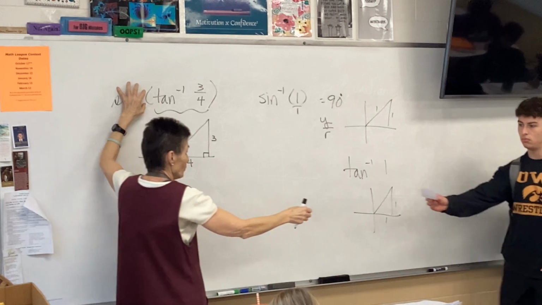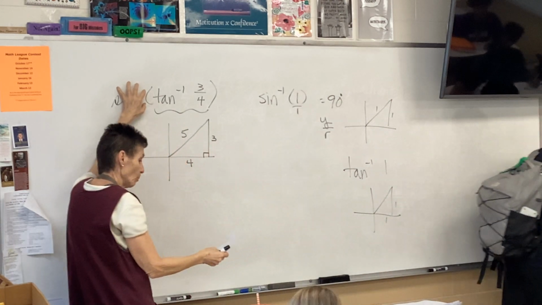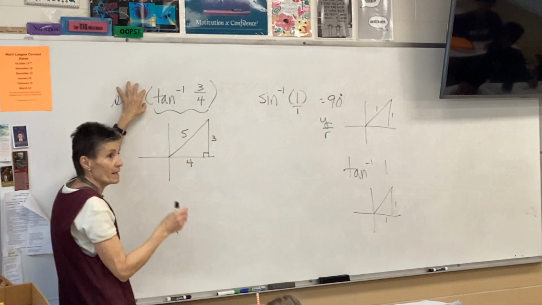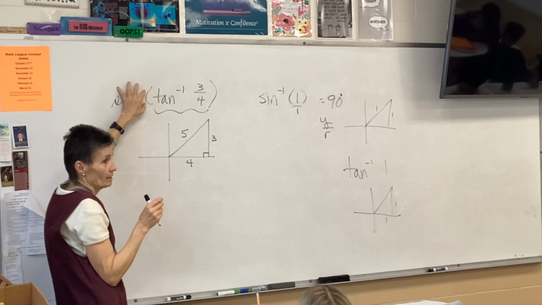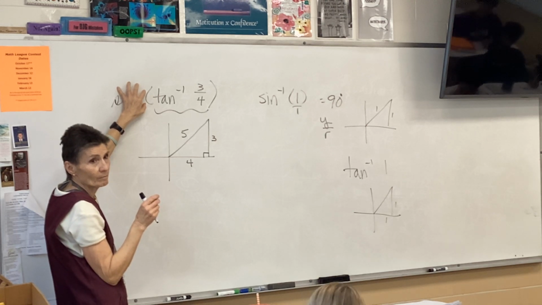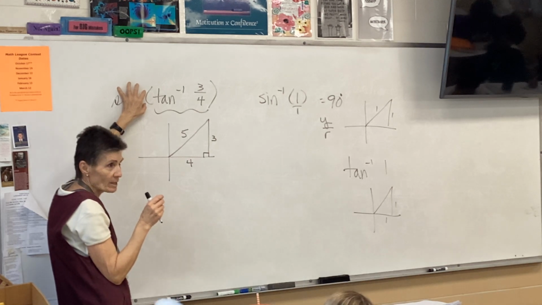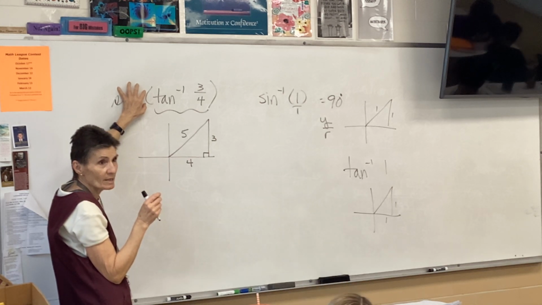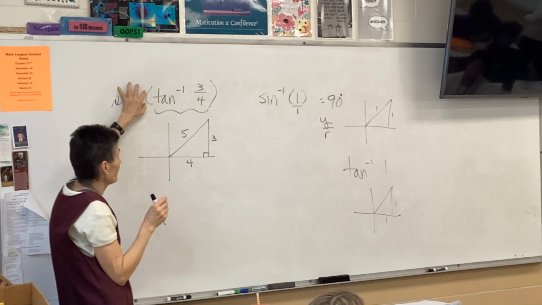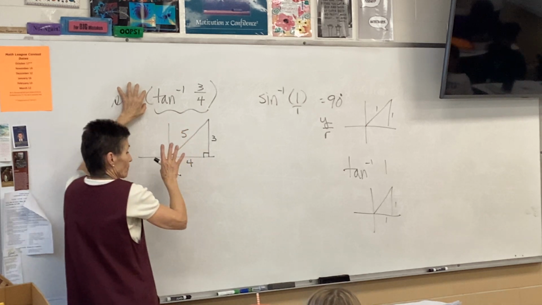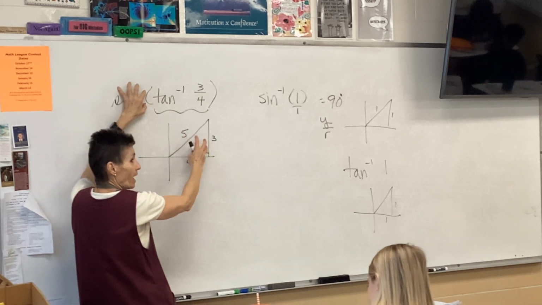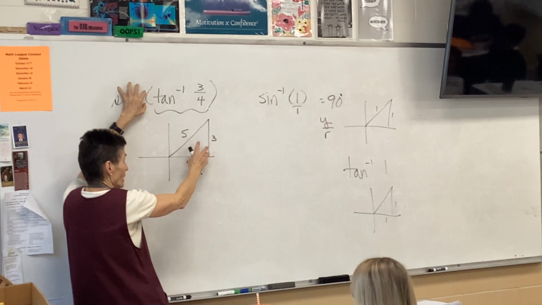Now, some of you goofballs, in homework there was a problem like this, and you put square root of 25, and I took off half a point. That is sheer craziness. Square root of 25 is 5. Now, this is not one of my special triangles.